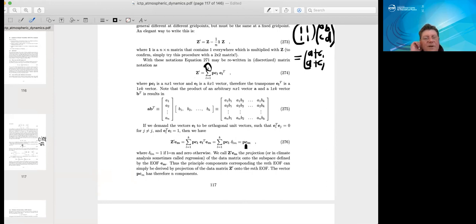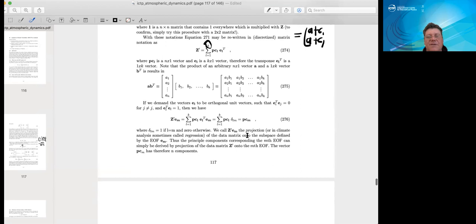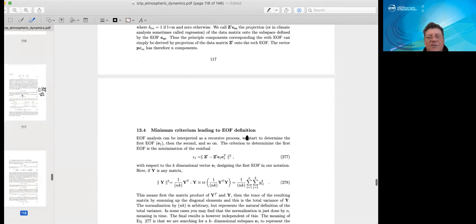So whenever we have decided on an EOF vector, we don't have to do any special calculation anymore to get our principal component time series. That is given. Then I just apply our anomalous data to that vector, project it on that vector, and we get our principal component time series. So if one is known, the other is known in principle. There's not much complicated calculation.